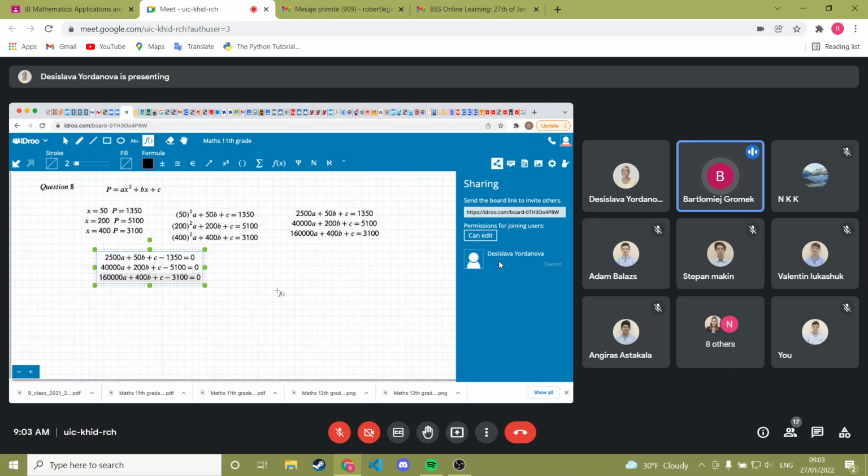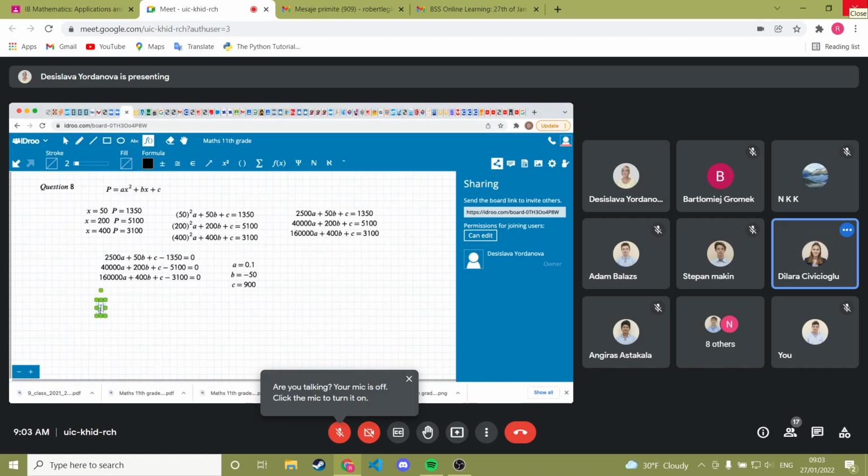Okay, miss, I got 3 values. 0.1, minus 50, and 900. Did everybody get it? Miss, my calculator says this variable is not defined. For linear equations, that's almost impossible.